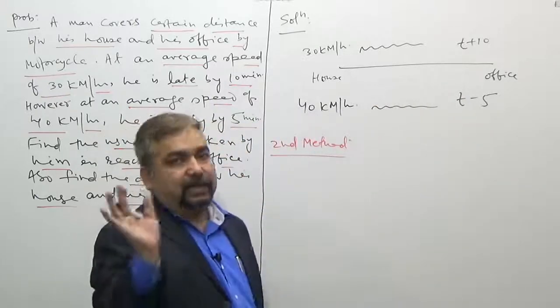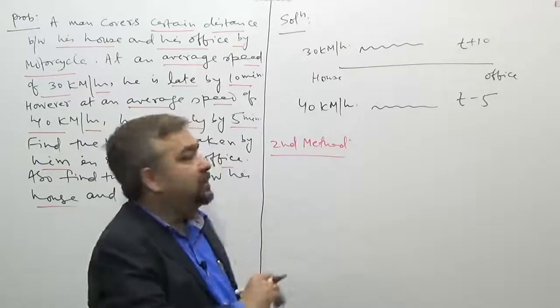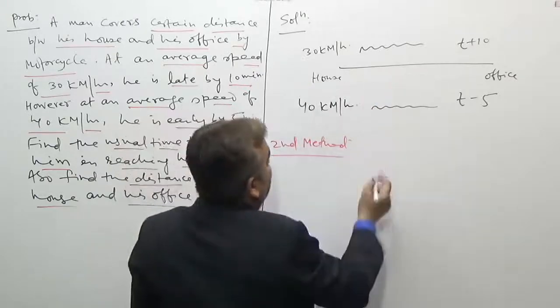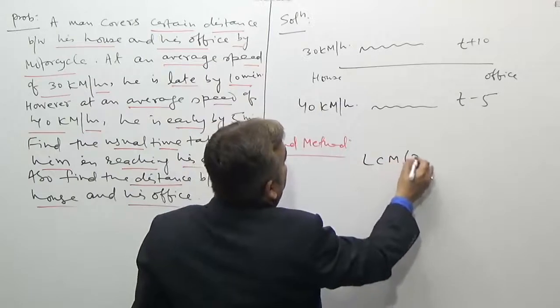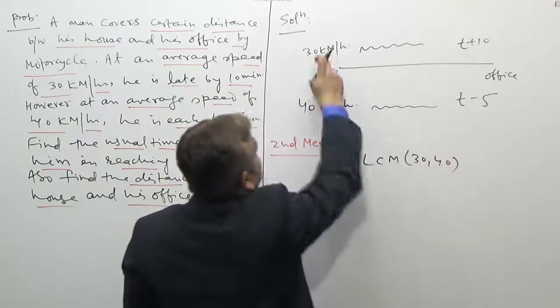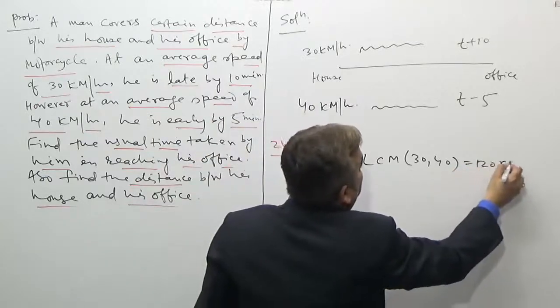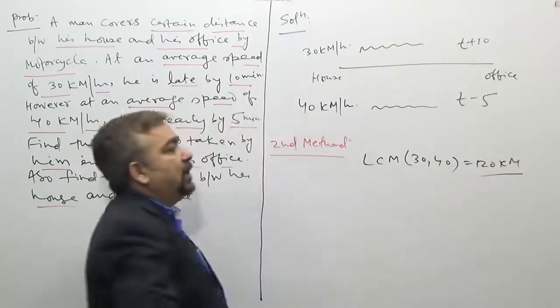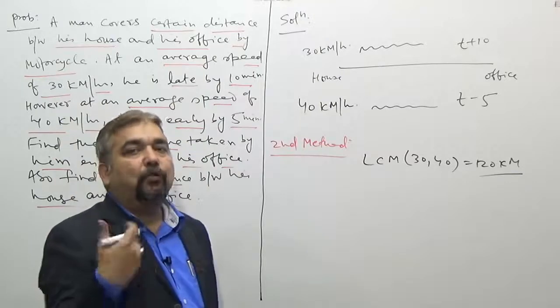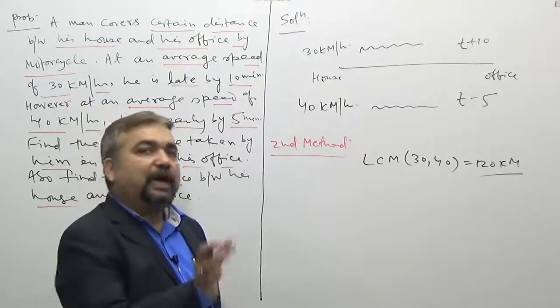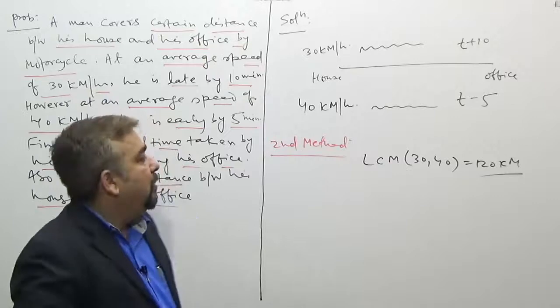You can take any distance, but for convenience, take the distance between his house and office as LCM of 30 and 40. LCM of these two speeds, which is 120. So take the distance between his house and office as 120 kilometers, just for calculation convenience.